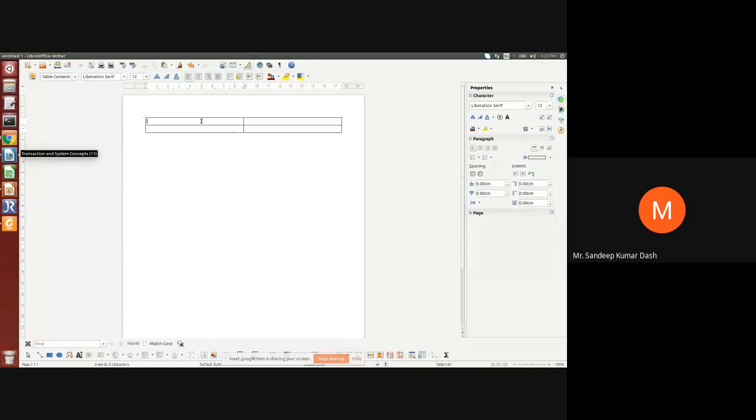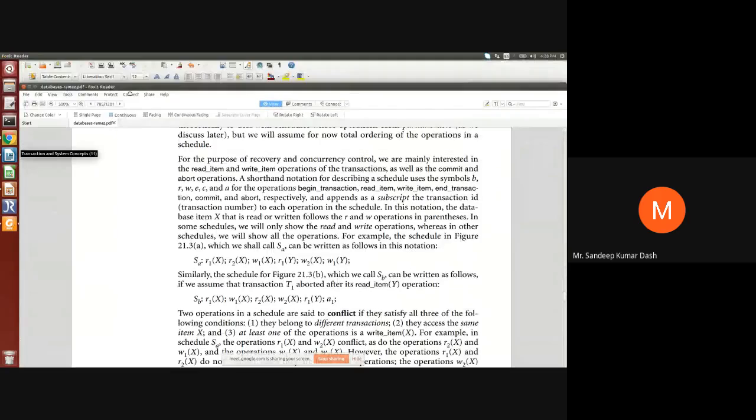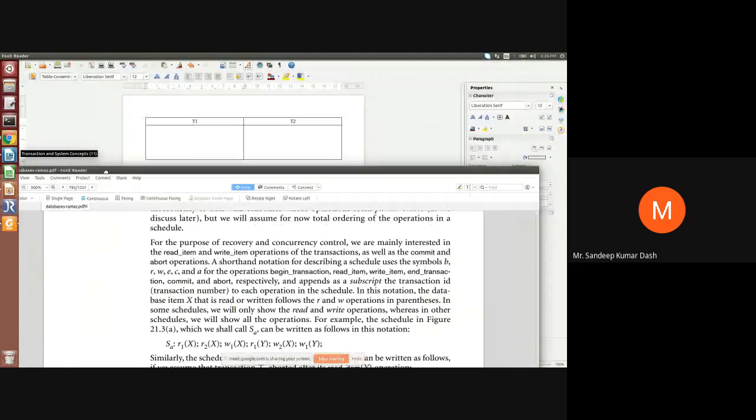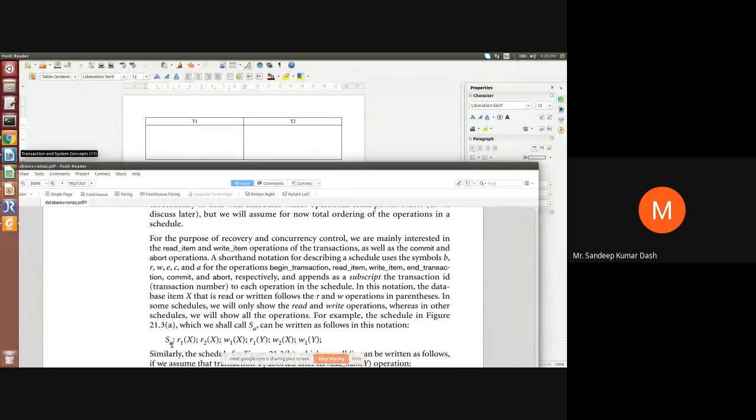Suppose this is transaction 1, this is transaction 2. If you go through this particular part, you see how a schedule is written. This is a schedule, suppose SA, the name is SA.